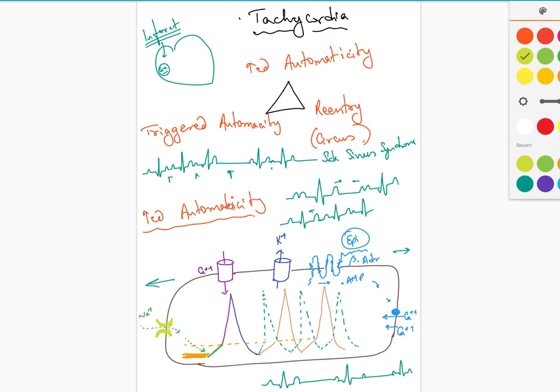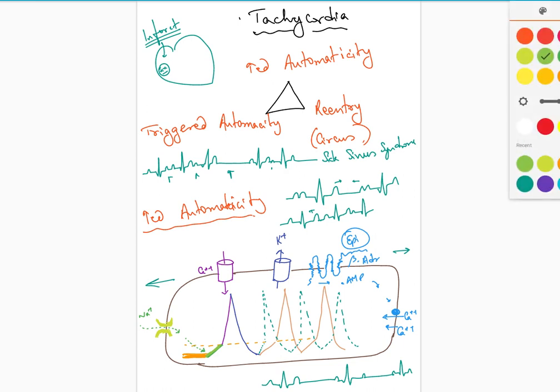So as sodium is trickling in, the cell is getting loaded with positive ions, cations. As the cell is loaded with positively charged cations, the graph will increase because we move towards zero potential. Usually it is around minus 60, so it will keep moving towards positive, becoming less negative, so upward it will go.